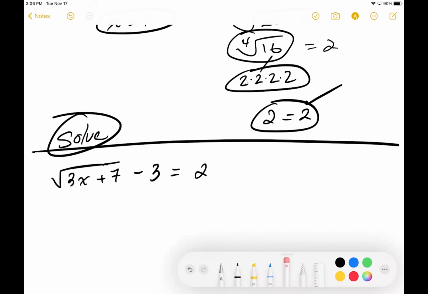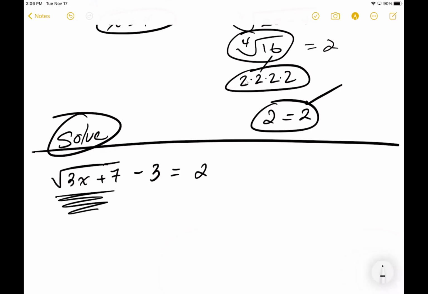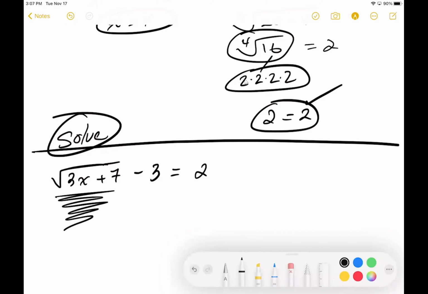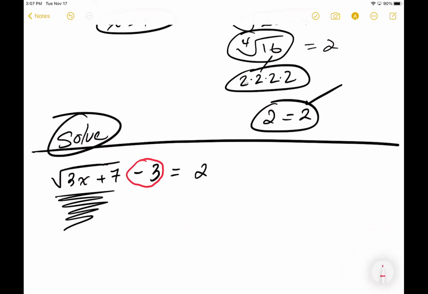The first thing you need to ask yourself is: is this radical by itself? Hopefully you say no, it's not, and yes, you are correct, because of the subtraction. How do you get rid of this subtraction?